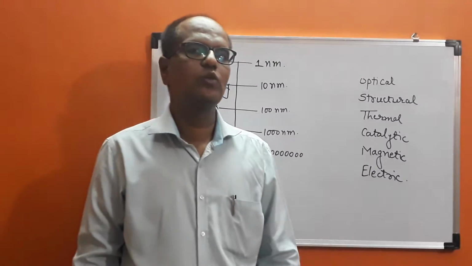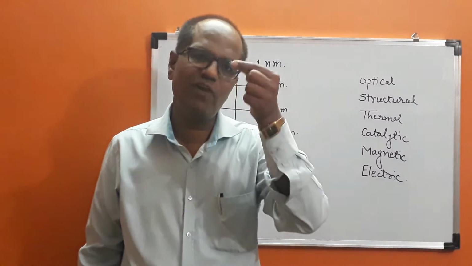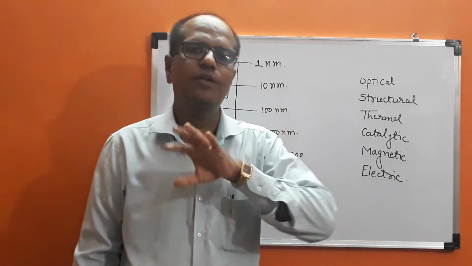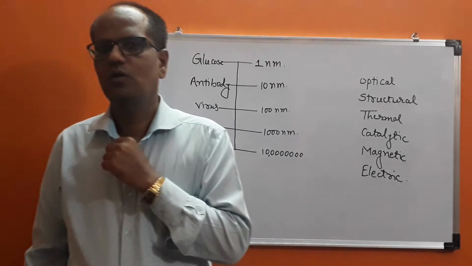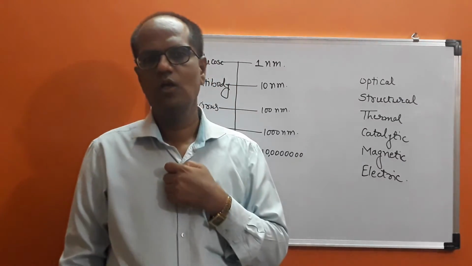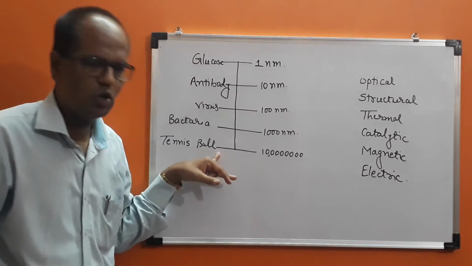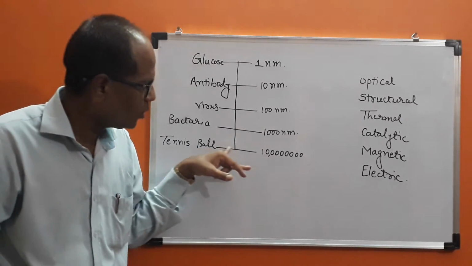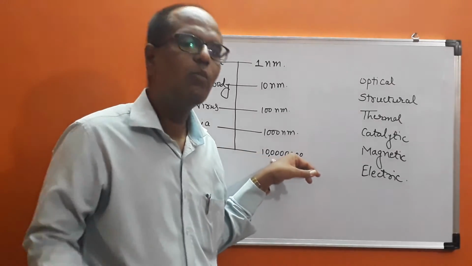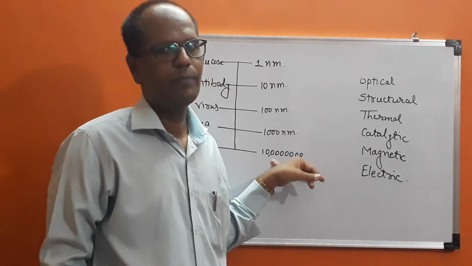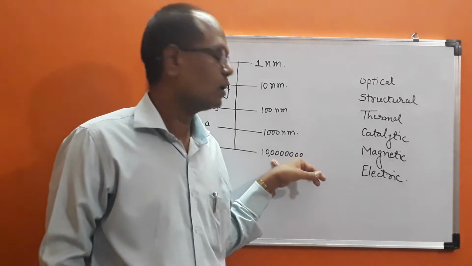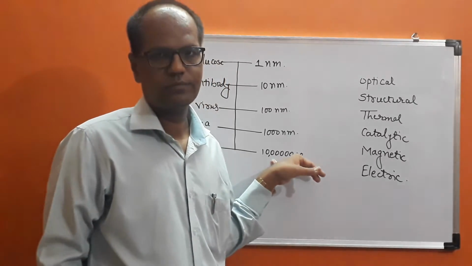So as to explain to you the length of 1 nanometer, let me compare 1 nanometer with day-to-day examples. How much is 1 nanometer? Let us compare it with a tennis ball. For example, a tennis ball has dimensions of approximately 10,000 crore nanometers.